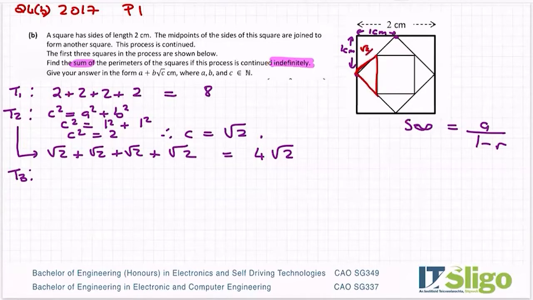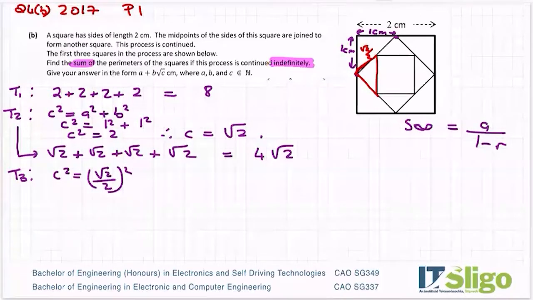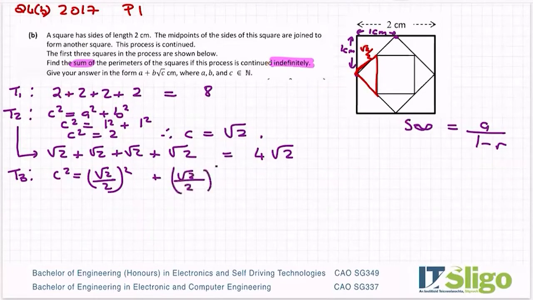So this would be root 2 over 2, okay, the length of this side, or the length of this side. So just like before, c squared would be equal to root 2 over 2, in other words, it's half of this side here, root 2 over 2 squared plus root 2 over 2 squared. Okay, let me put that into a calculator.